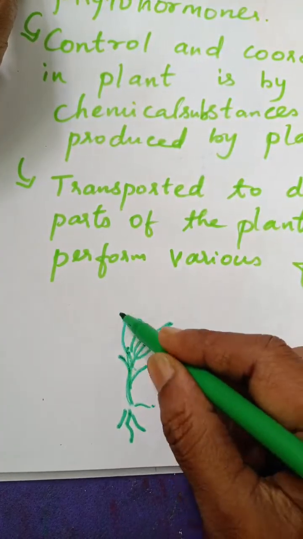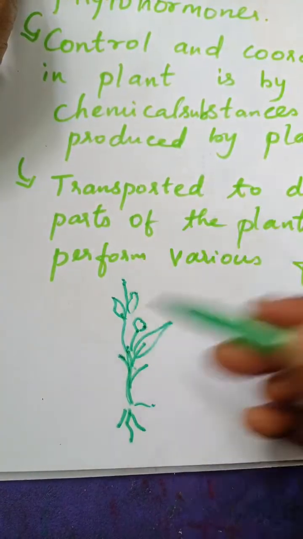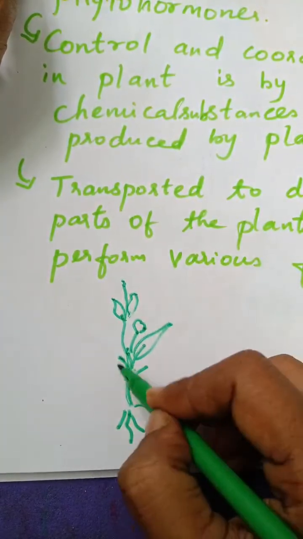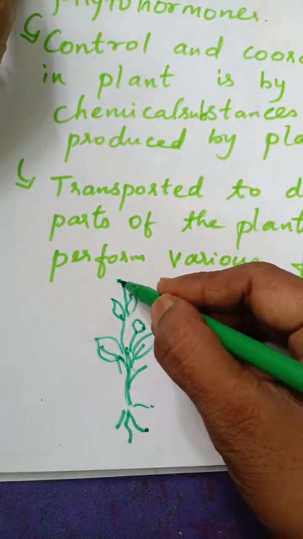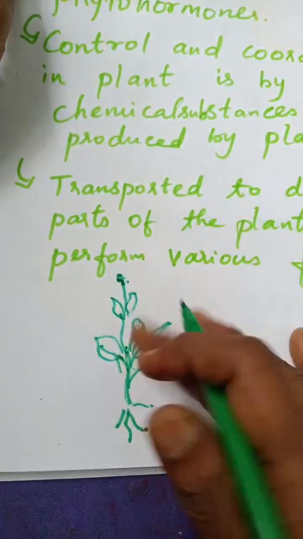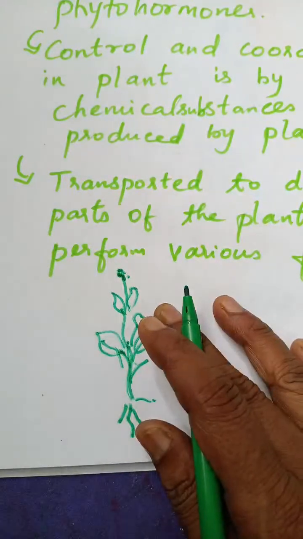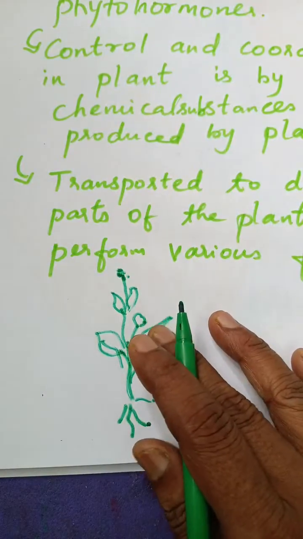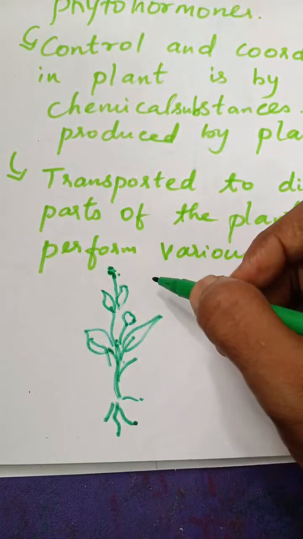Then finally the shoot system grows further, from the root towards the tip of the shoot. So it needs some chemicals, which are produced by the plants themselves. They are nothing but the phytohormones.